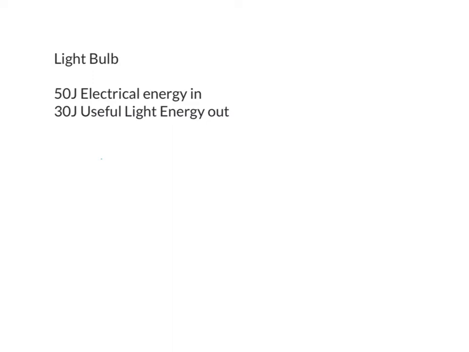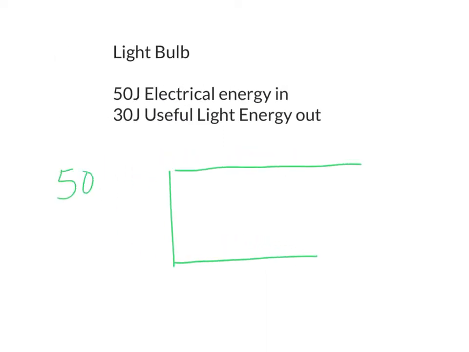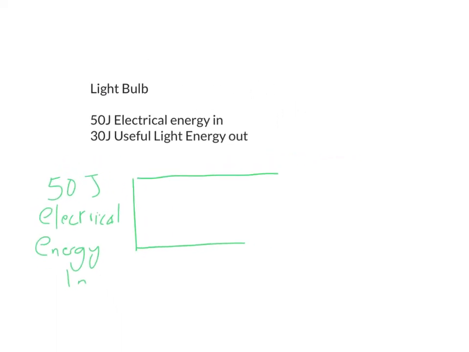So we'll first start drawing what we do know. We'll draw our Sankey diagram. We're going to label the 50 joules of energy in. We've been told that there's 30 joules of useful energy coming out.